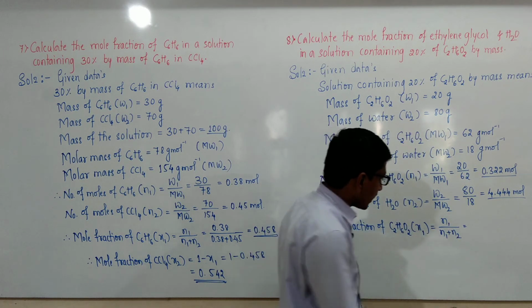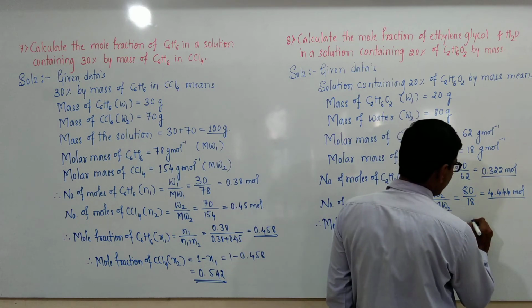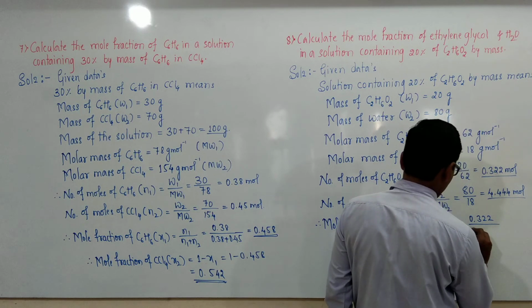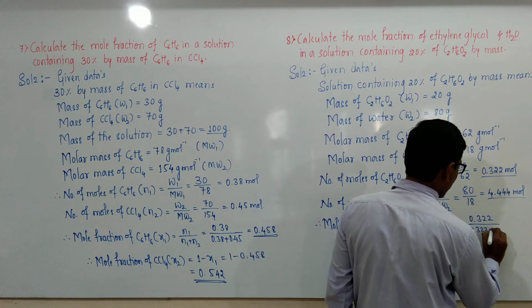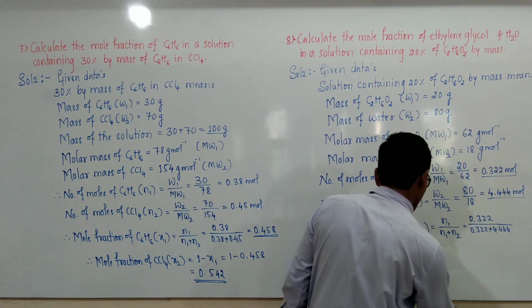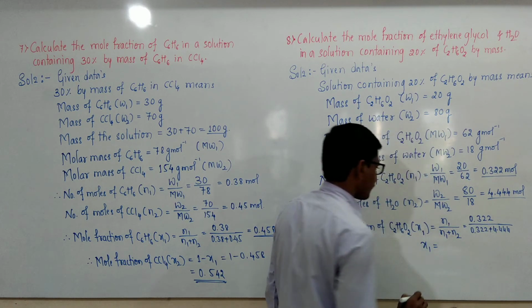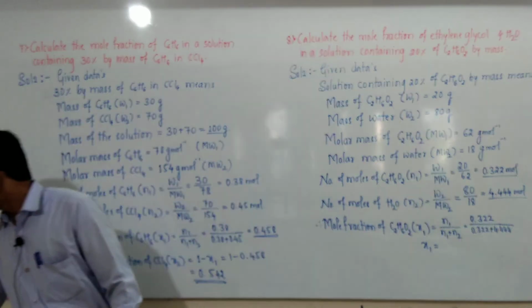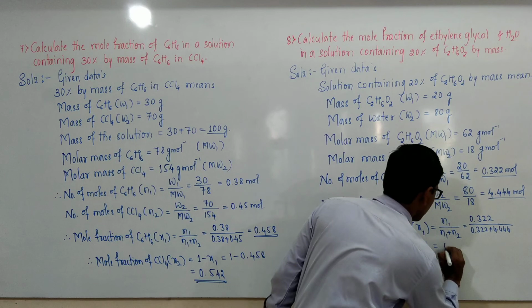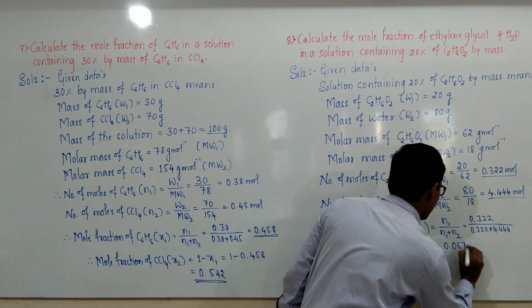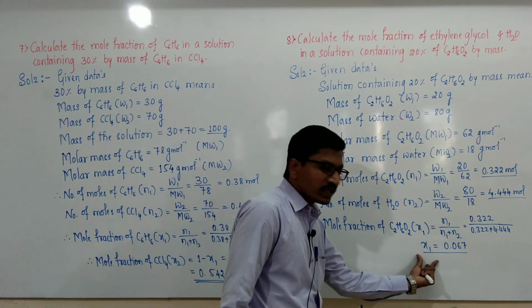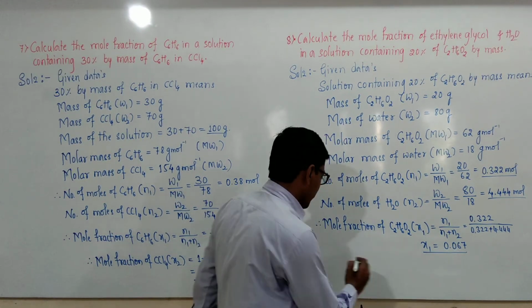X1 is equal to N1 by N1 plus N2, which is 0.322 divided by 0.322 plus 4.444, and X1 is equal to 0.067. Knowing the X1 value we can calculate X2.